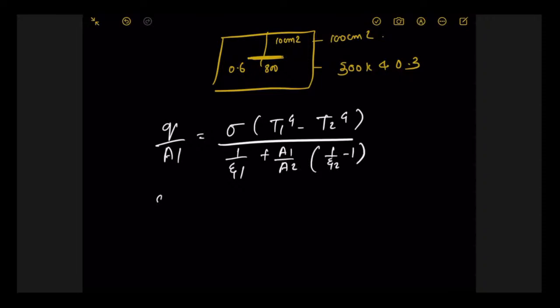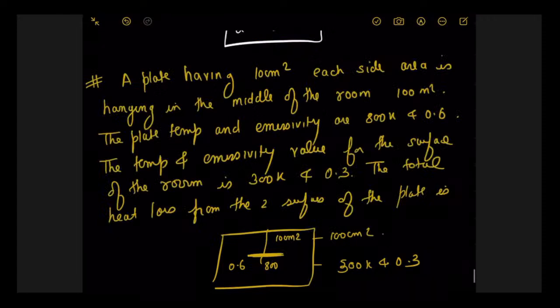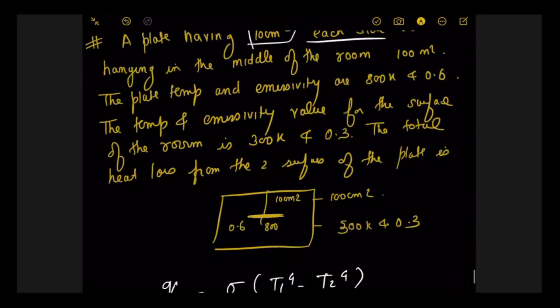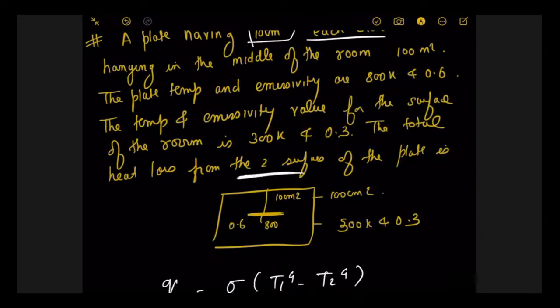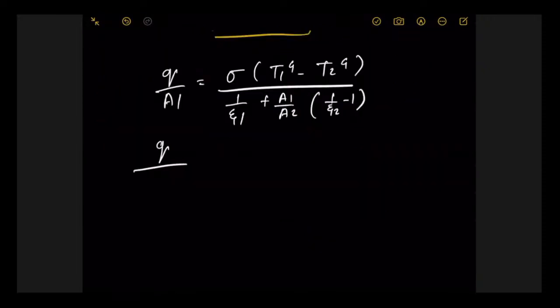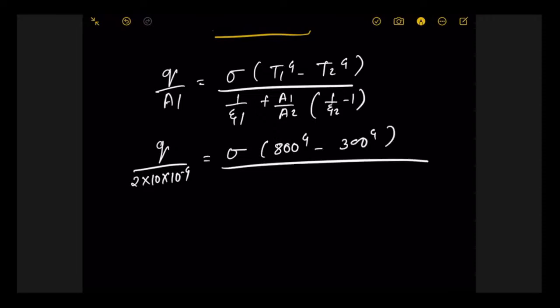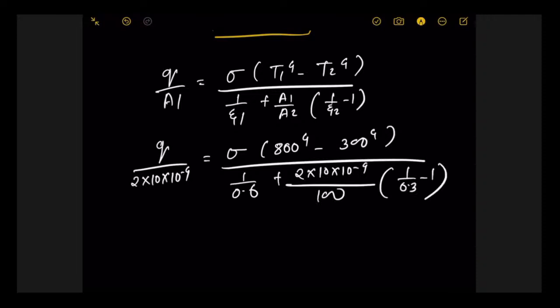Here it is clearly mentioned that each side is 10 centimeters square, and in the final answer they have asked for the two surfaces. So here what will come: 2 into 10 to the power minus 4 for unit change, sigma (800 to the power 4 minus 300 to the power 4) upon 1 upon 0.6 plus 2 into 10 to the power minus 4 upon 100 times (1 upon 0.3 minus 1).